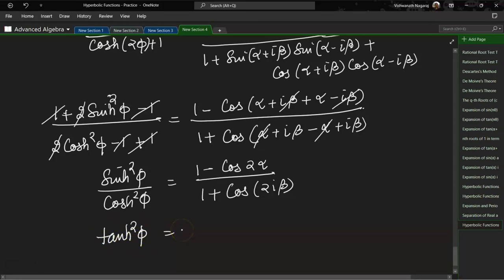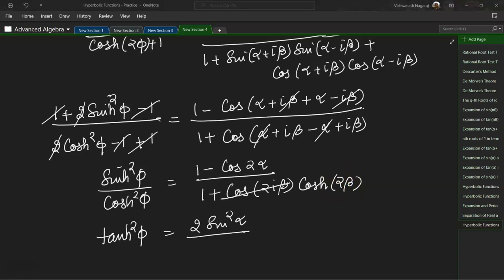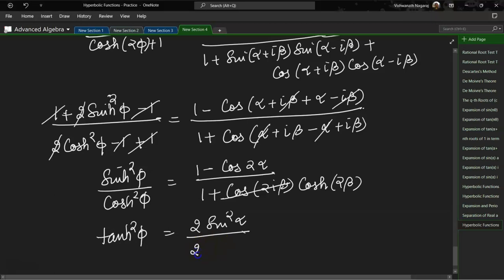Now, 1 minus cos 2alpha is 2 sin squared alpha. 1 plus cos 2iβ: this cos 2iβ can be written as cosh 2β. Now, 1 plus cosh 2β is equal to 2 cosh squared β.